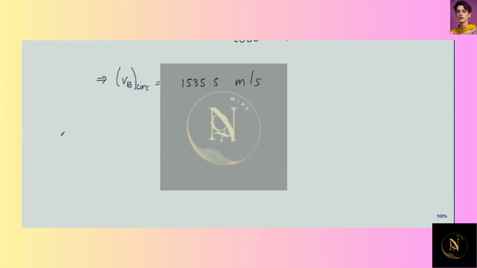So the first thing we want to do in part A is find the transfer velocity at orbit A. So the transfer velocity, we'll call it TR, is equal to the speed of the circular orbit, VA circular, plus delta VA.